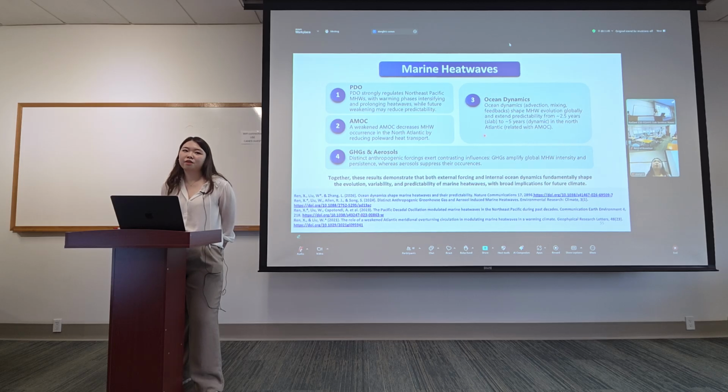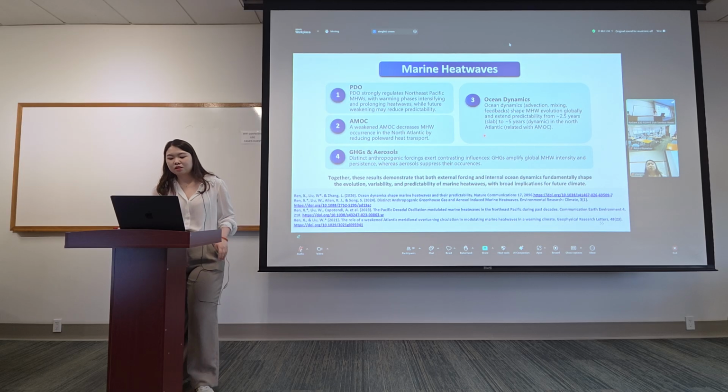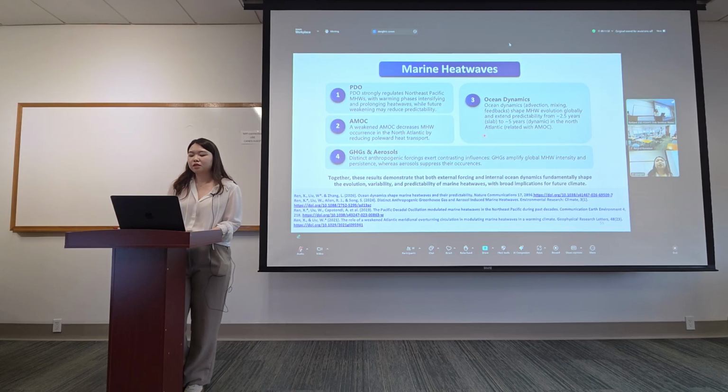We haven't looked at the mean state shift, but we look at how the external forcings change the PDF distributions, the shape of distributions, like skewing it or making it thinner. In this way, we found that these kurtosis changes have an influence on the marine heat waves comparable with the mean state shift.